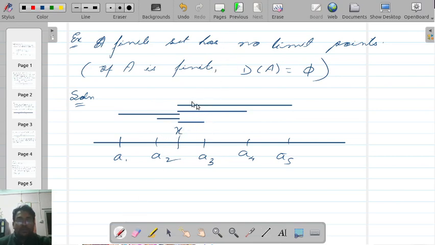With that minimum, I construct an open neighborhood, that is an epsilon neighborhood of x, and I'll show that it will not contain any other point of A different from x. That is the basic idea. So let us see how to go about the proof. Let A equal to the set {A1, A2, A3, up to AN} be a finite set.